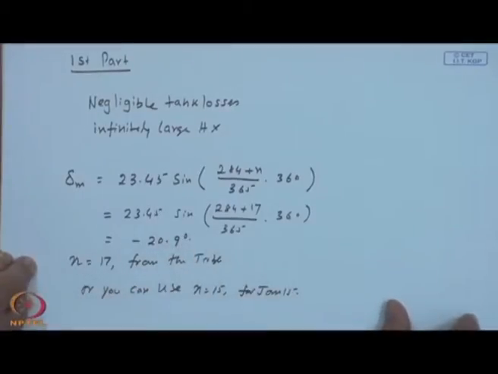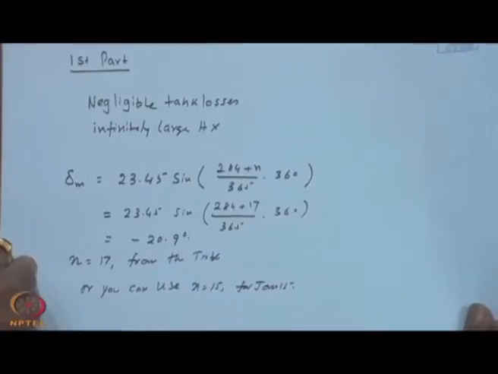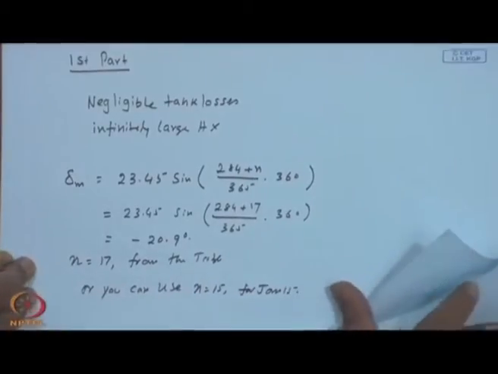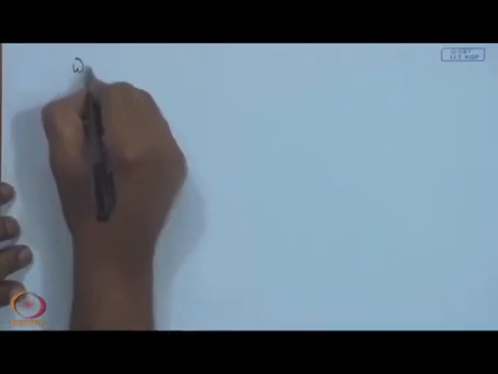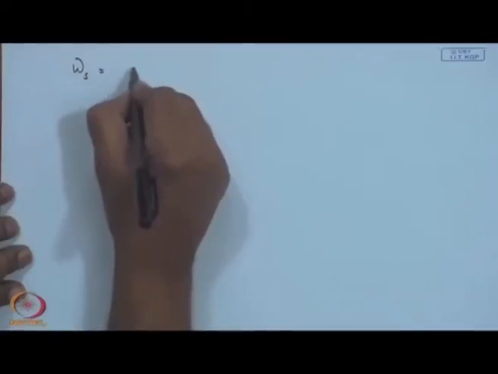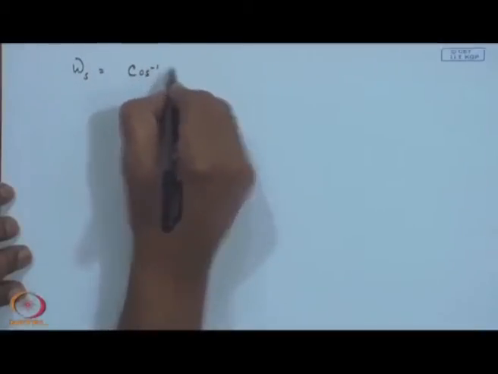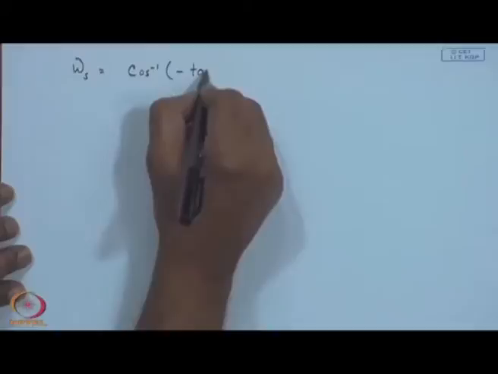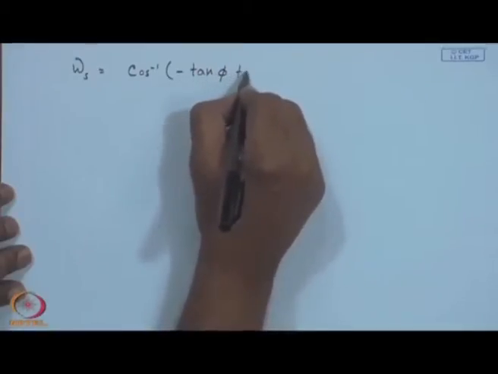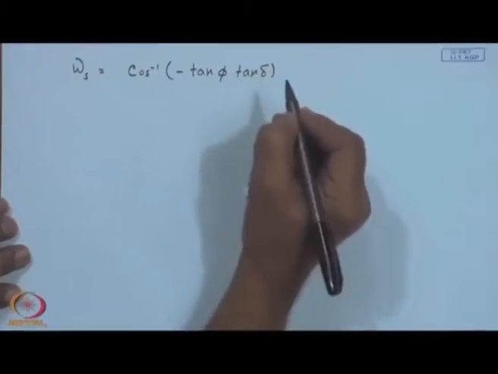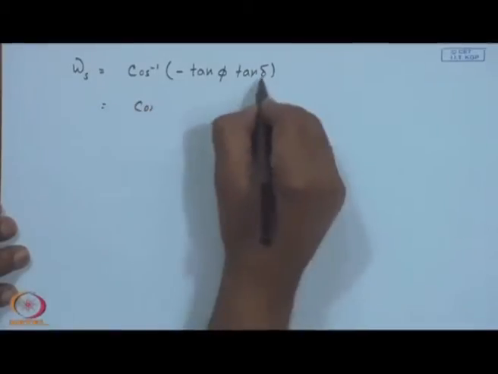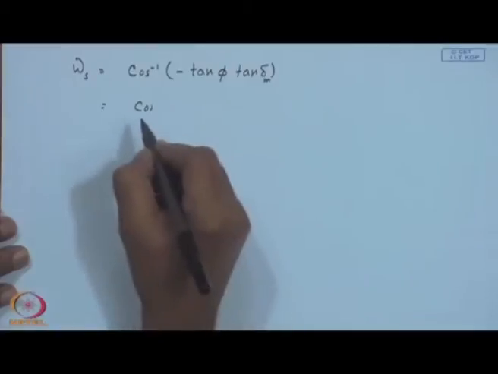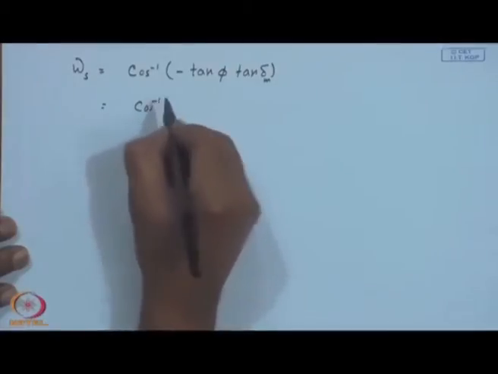It may be 0.88 or 0.92, I do not know the nonlinearity. So, this is the mean declination from which we calculate the sunset hour angle omega s, which is once again cos inverse of minus tan phi tan delta. Do not worry about this delta and delta m, we are making only a mean day calculation.